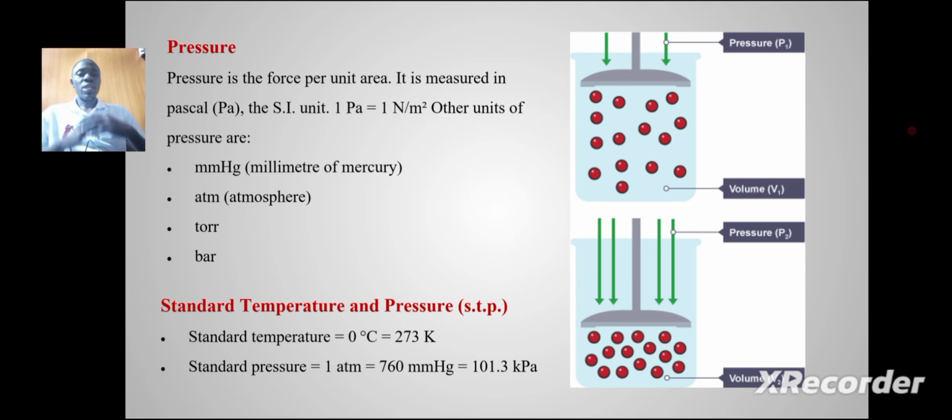So take note, these are standard conditions that are used to describe the volume of the gas. Standard temperature and standard pressure together are abbreviated as STP. Very important, take note.